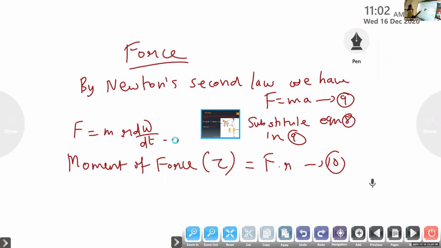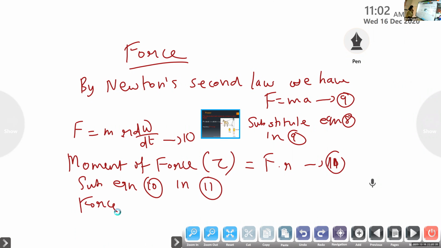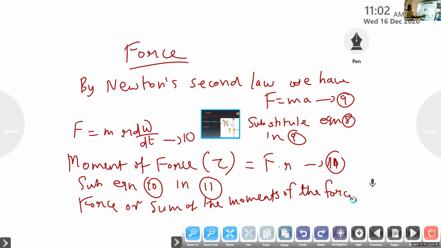This is equation 10 and this is equation 11. Now substitute equation 10 in 11. So the sum of the moments of the force, that is moment of force, for a single particle is F into r.